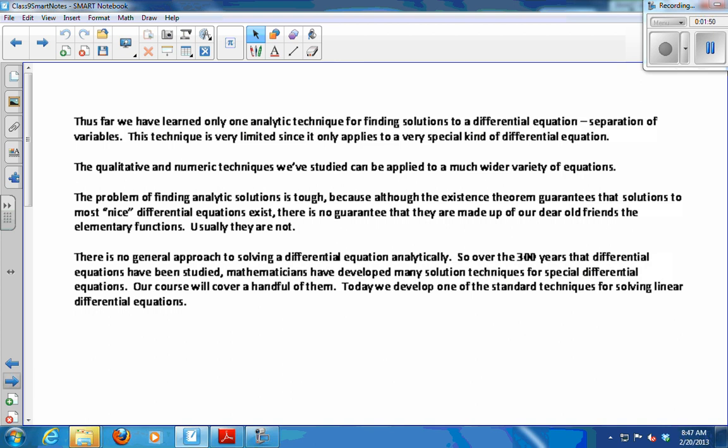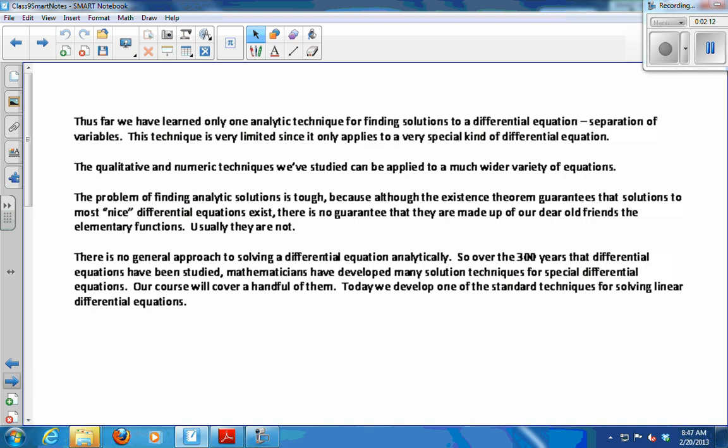You don't have to learn every single analytic technique out there anymore because we have great things like Mathematica and Wolfram Alpha, but it is important that you get a flavor of what those computer programs do. So we're going to develop one of the standard techniques for solving linear differential equations today.